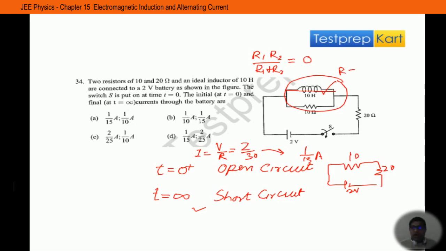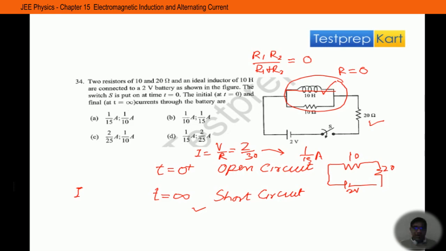Or you can remember one thing, that current always follows the lowest resistive path. So whenever you connect any short circuit in parallel to any resistance, the net value will be equal to 0. In this case there will be only the resistance of 20 ohm active at t equals infinite, and the net voltage is 2 volt.